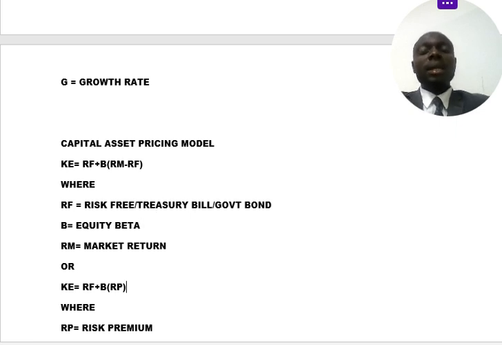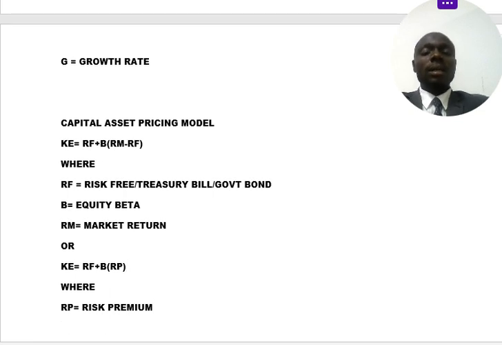Now, equity beta: when we get to portfolio theory, we will explain equity beta. Now, the risk premium is the additional return you get from investing in a risky asset. You take a risk to invest in Fidelity or Jitco shares; the difference between the market return and the risk-free is what we call risk premium, which means that the market return is higher than the risk-free.